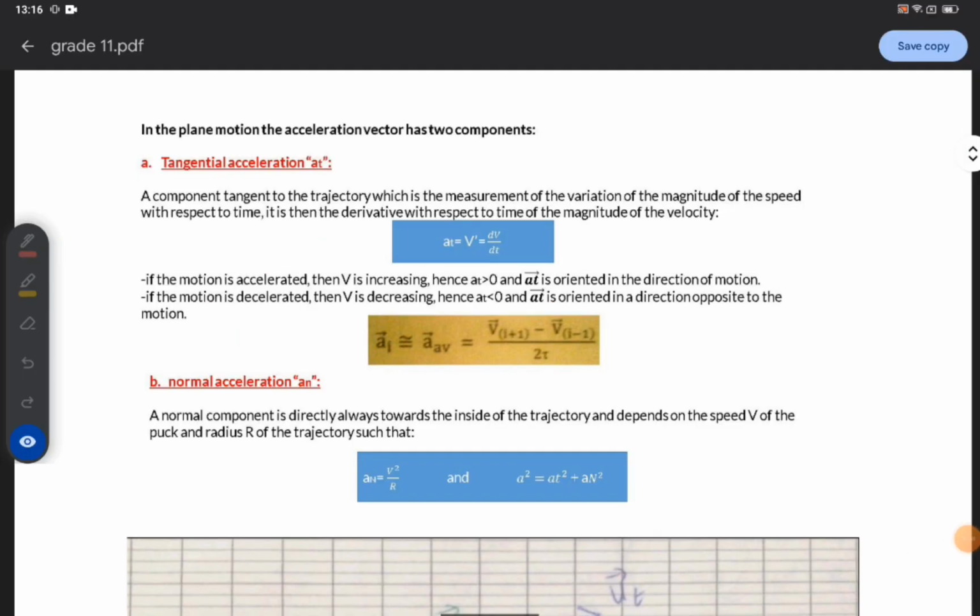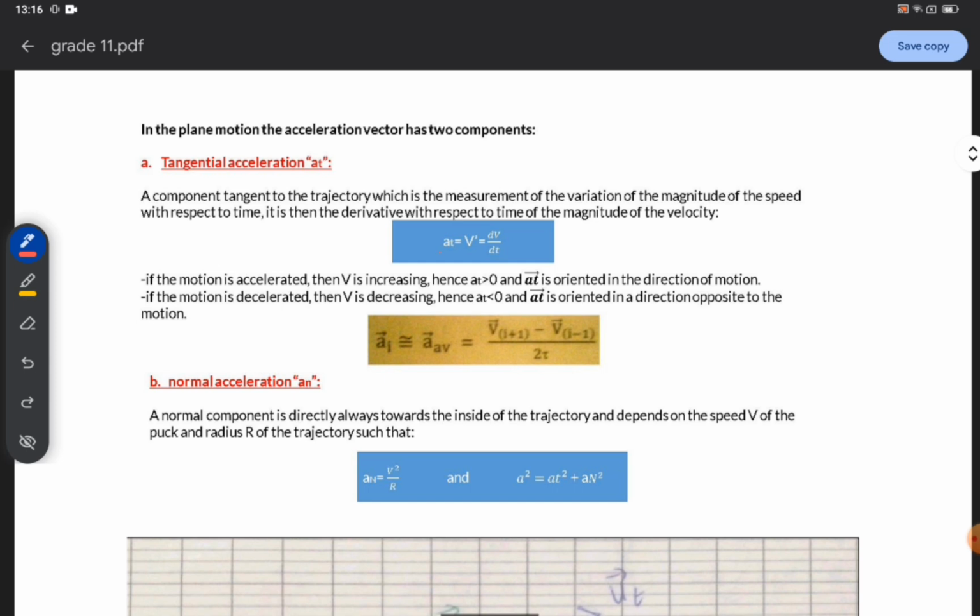In the plane motion, the acceleration vector has two components. Tangential acceleration at, a component tangent to the trajectory, which is the measurement of the variation of the magnitude of the speed with respect to time. It's then the derivative with respect to time of the magnitude of the velocity.